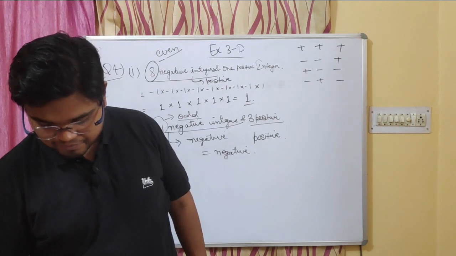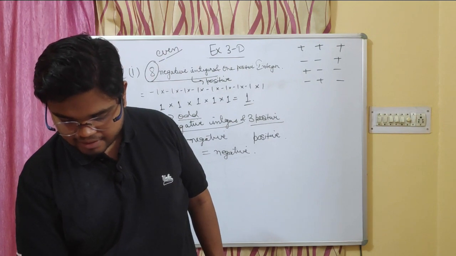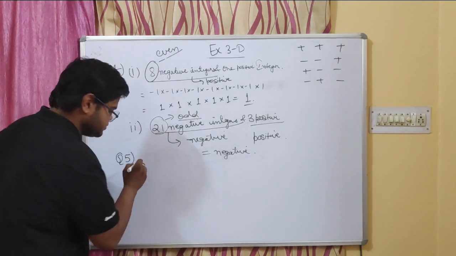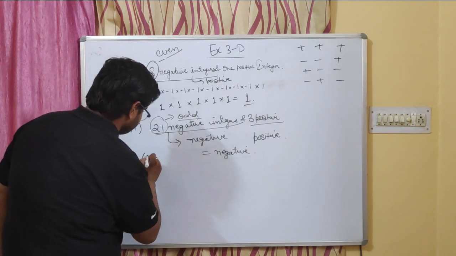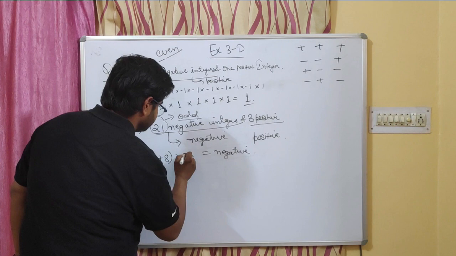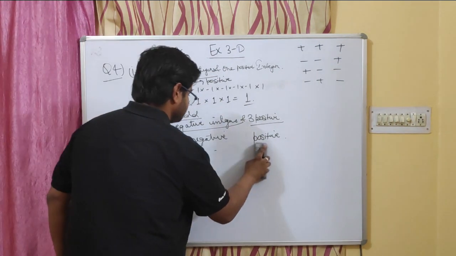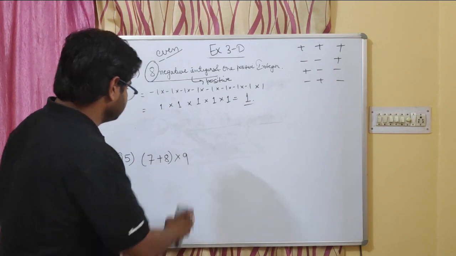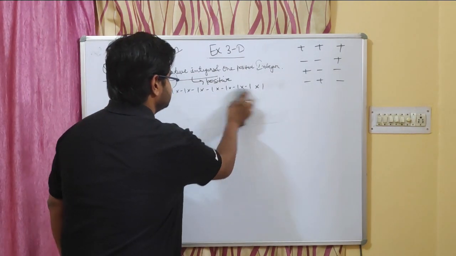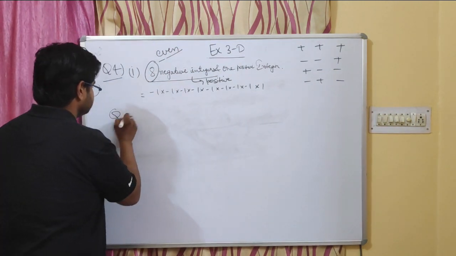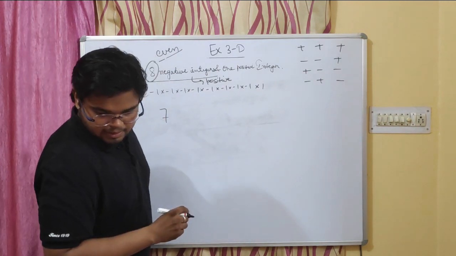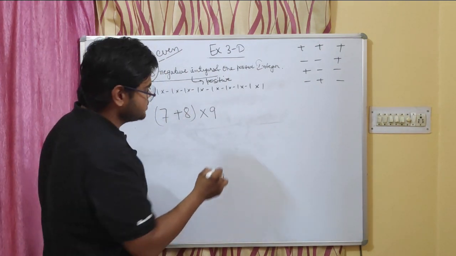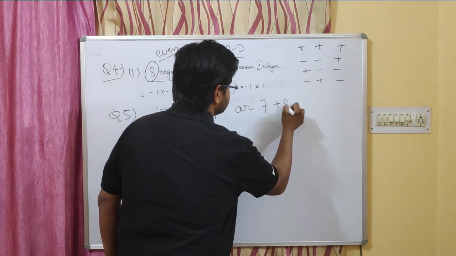In the first part you have 7 plus 8 into 9 or 7 plus 8 into 9.